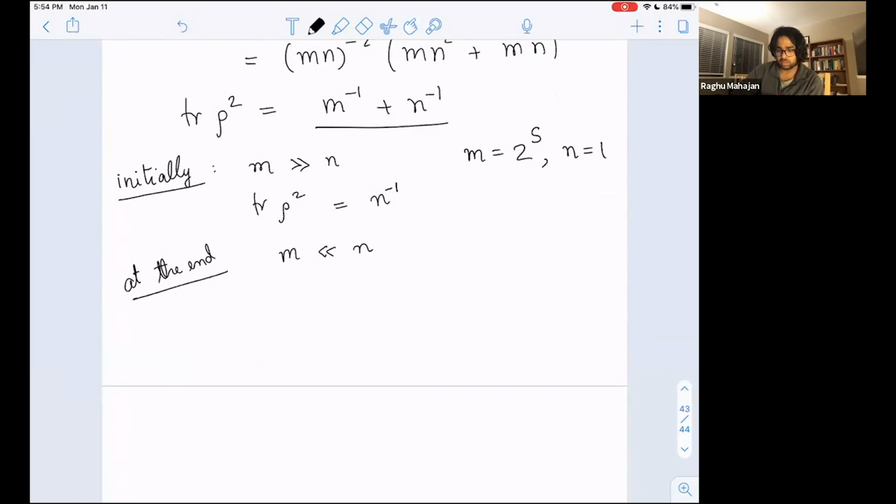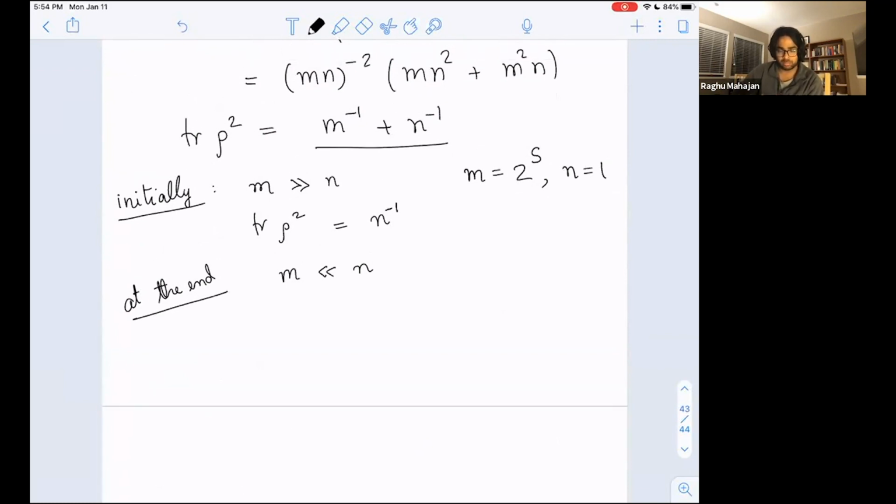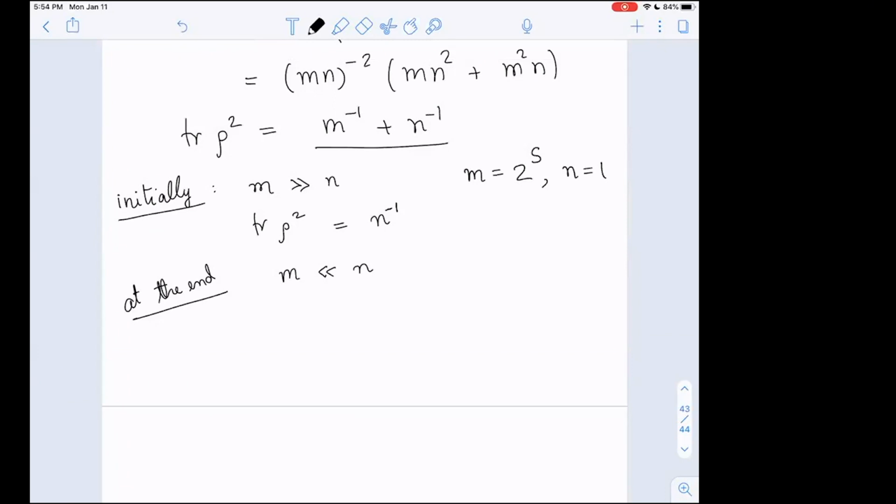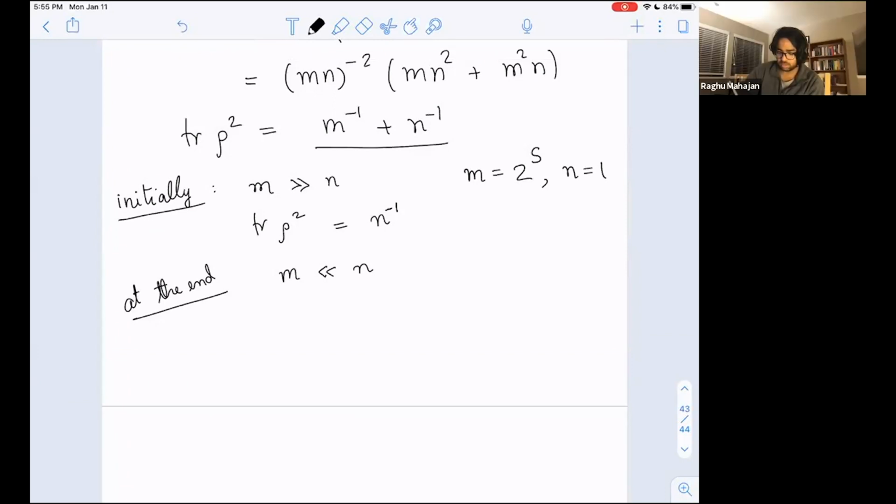So then you get some entropy, like a log of m, which is s. In the end, because your state is pure, you have m equals 1 and n equals 2 to the s. And the state is still pure. If you didn't have unitarity, the state at the end could have been a mixed state.